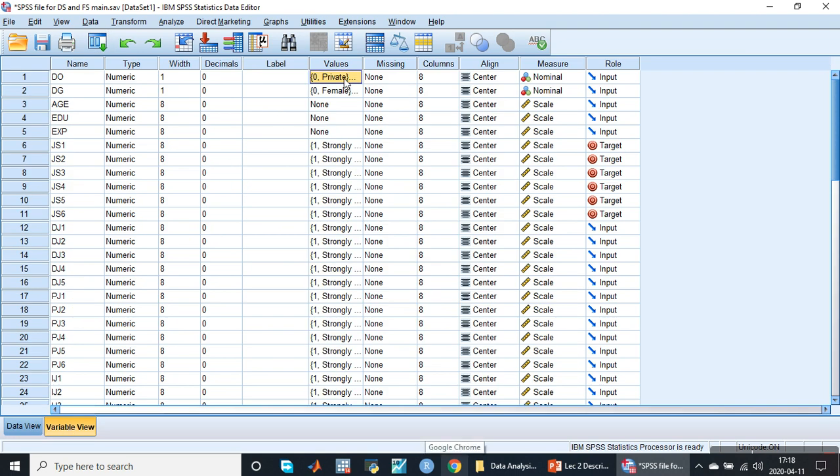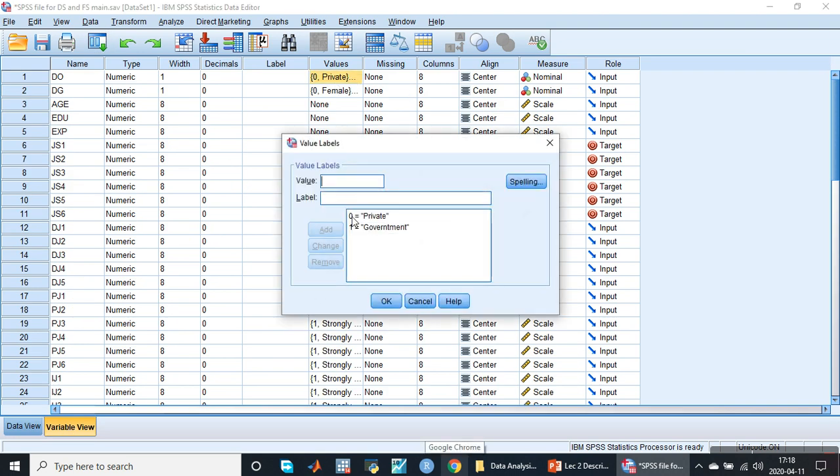So here the 0 and 1 only represent the name. Therefore, it is known as nominal scale. In nominal scale, the numeric values assigned to categories do not have any mathematical value. They only indicate the name.